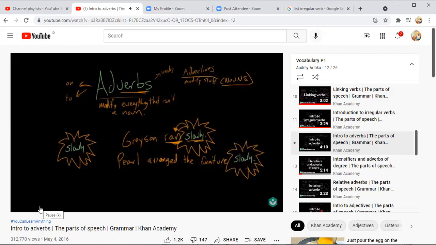Mostly put on there. But a word is also considered an adverb if it modifies an adjective. So let's say adverbs modify verbs. So we could say something like Vanessa was very hungry, right?